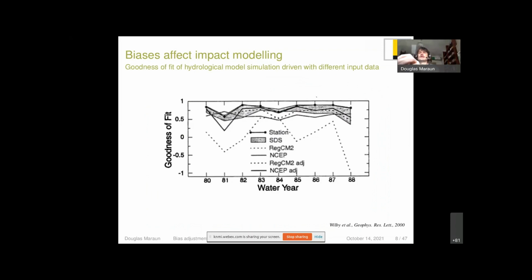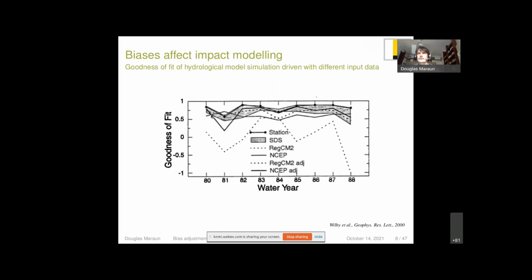So this here is just to illustrate, you don't need to understand the details here, but it's a hydrological model driven with climate model or observational input, over a couple of years. And basically the goodness of fit here tells you how well the hydrological model then represents reality.